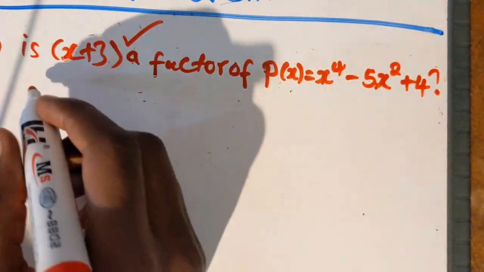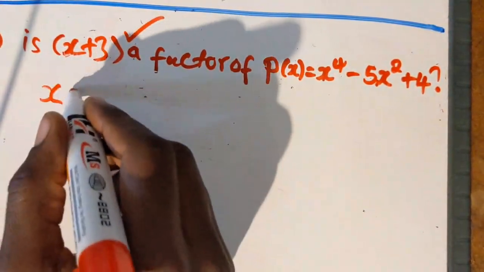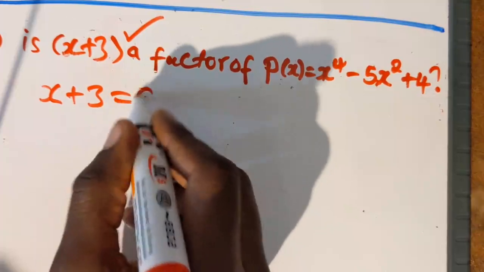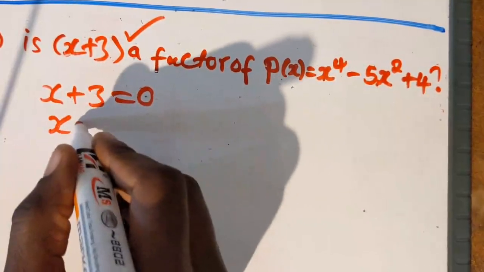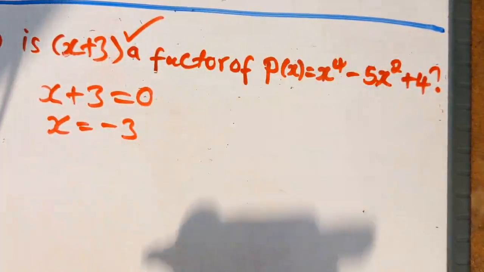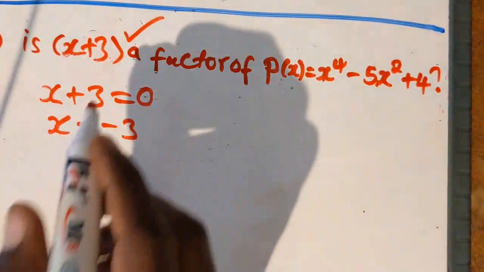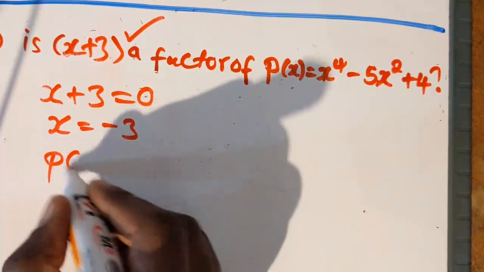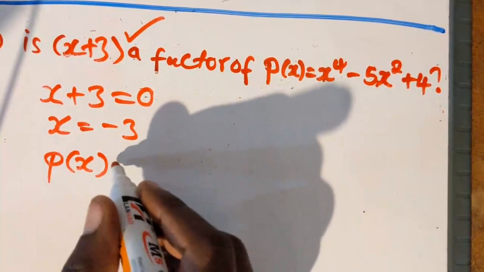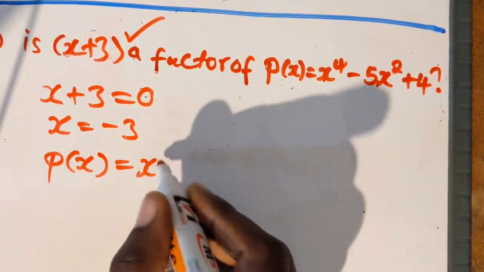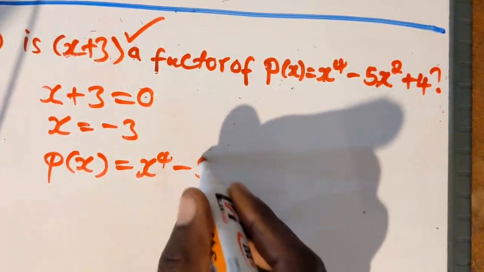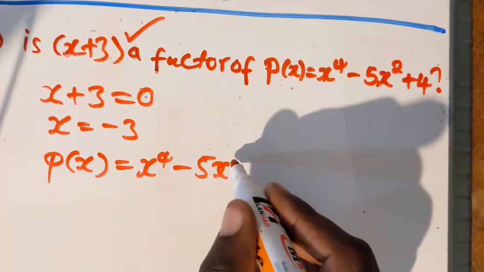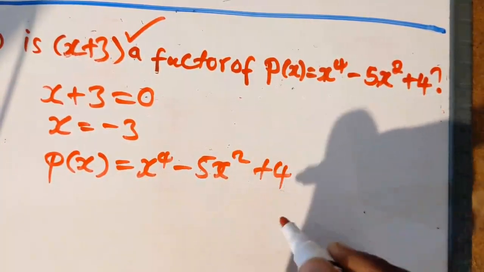So we'll find the value of x. x plus 3 is going to give us x is equal to negative 3, right? Then we copy the polynomial, which is x to the power 4 minus 5x squared plus 4.